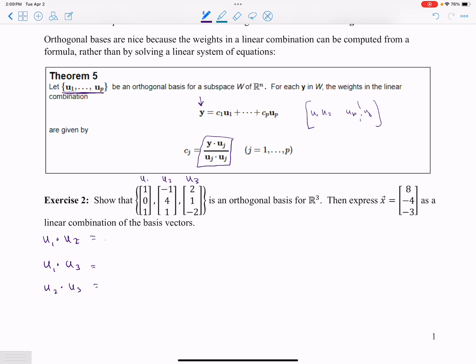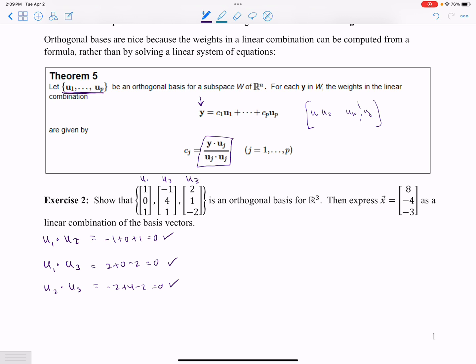u1 dot u2 is -1 plus 0 plus 1, that's 0, check. u1 dot u3 is 2 plus 0 minus 2, which is 0, check. And then u2 dot u3 is -2 plus 4 minus 2, which is 0. So it is an orthogonal basis because they are all orthogonal to each other, and it is an orthogonal basis for R3 because I have the right number of vectors.